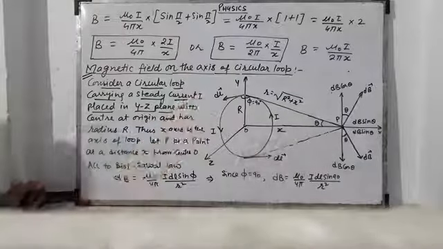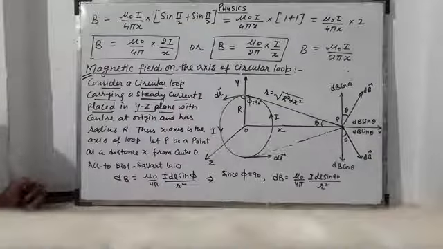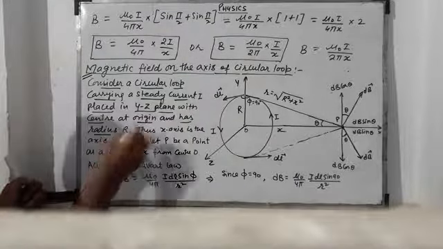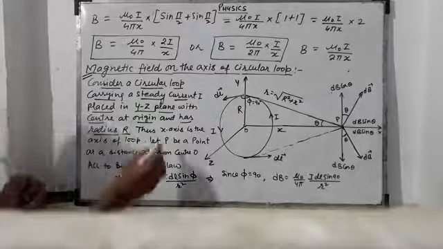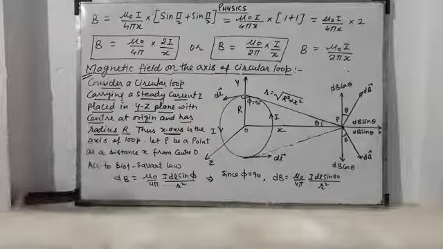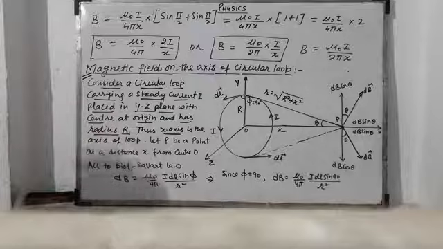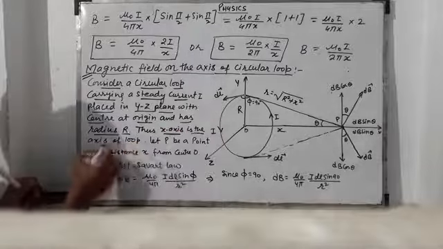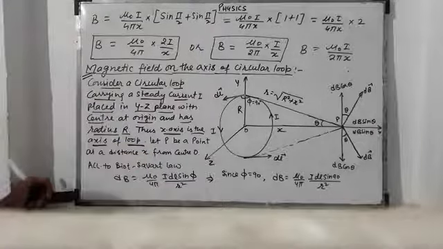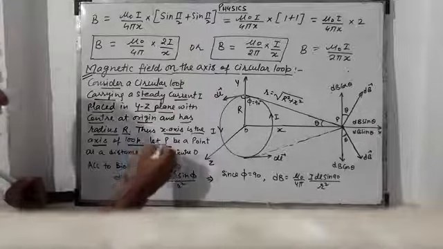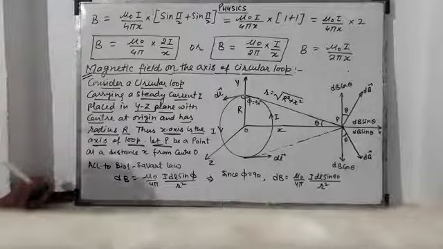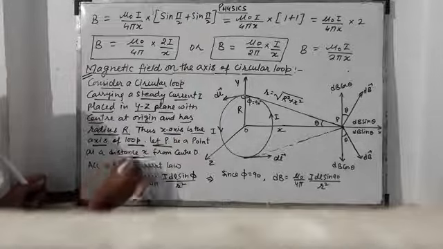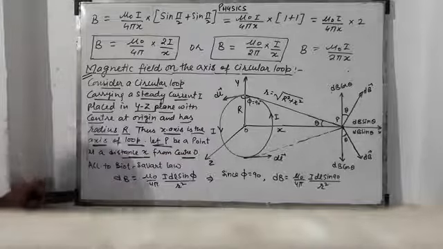This circular loop is in the YZ plane, with center at origin and radius capital R. So when a circular loop is placed in the YZ plane, the x axis is the axis of the loop. To calculate the magnetic field, let there be a point P at a distance x from center O.